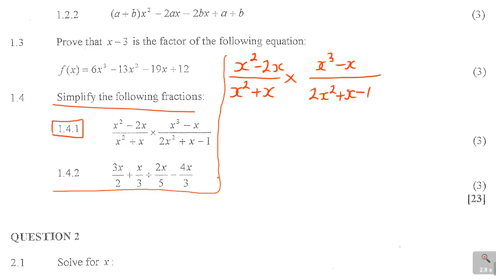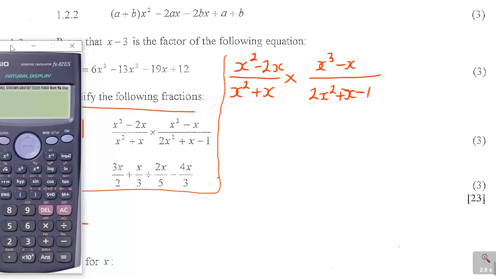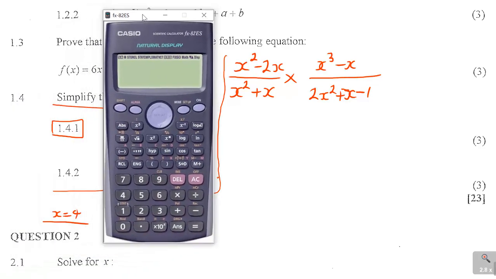So what I usually prefer is to see what this simplifies into. So I choose any value of x. For example, let x here be equal to 4. So what I do, I take my calculator, where there is any x, I put 4.